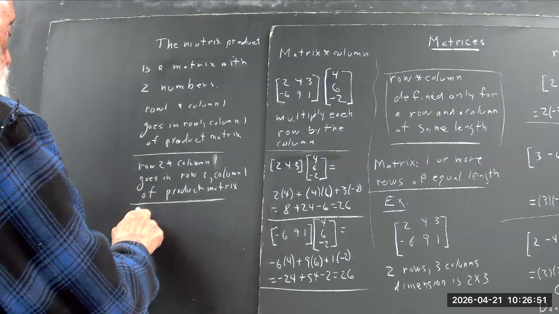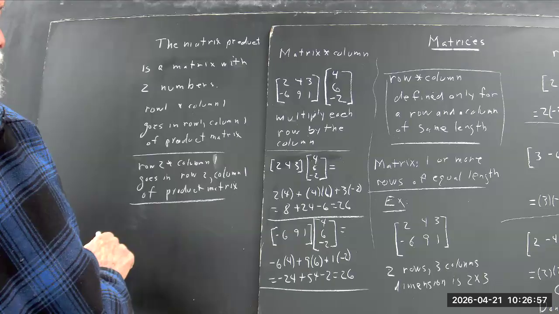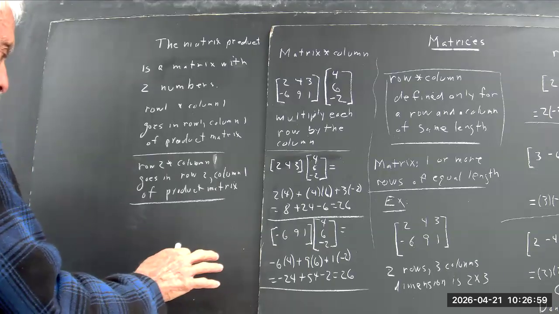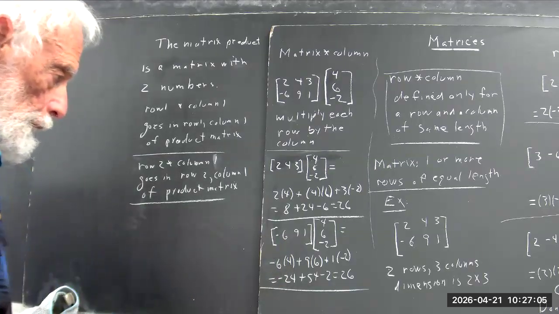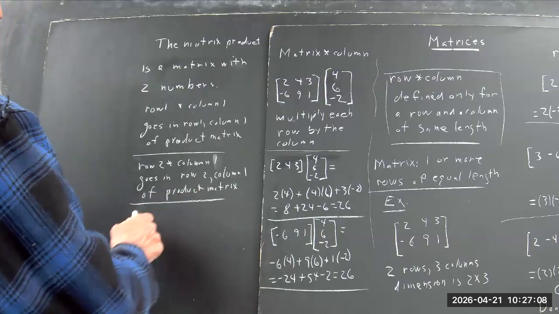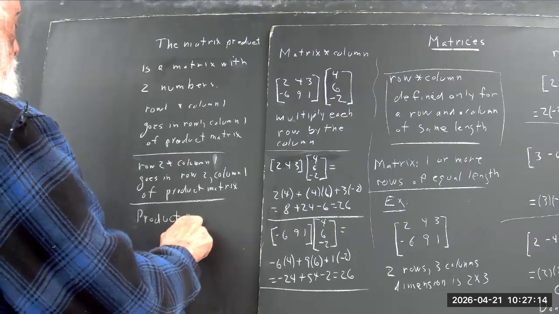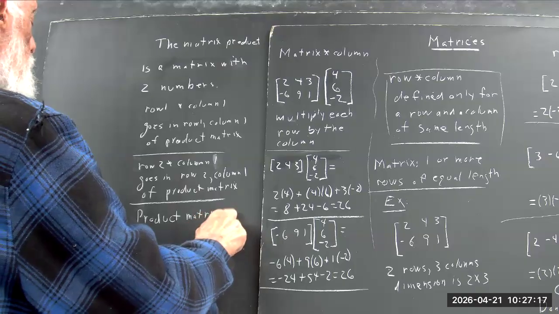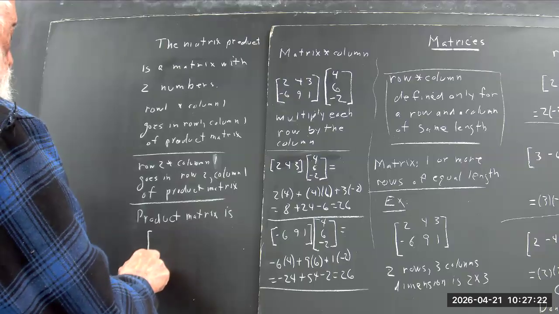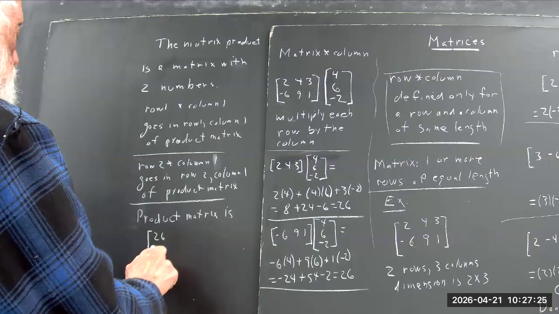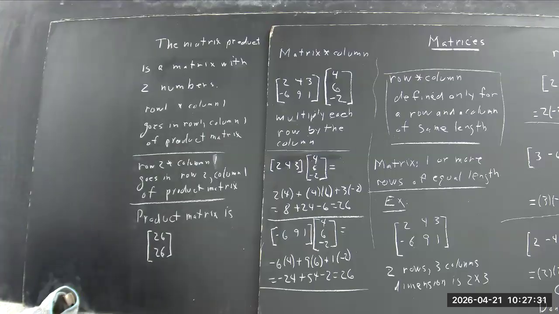So the product matrix is, I'm debating about how to say this, whether just to write out the product matrix or to lead up to it. I'm just going to write it out. So the product matrix will be 26, 26.